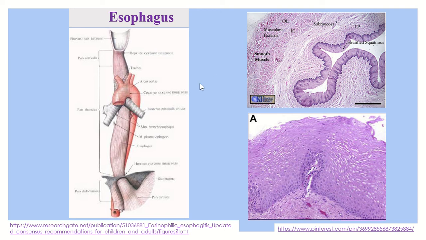The muscle tissue consists of skeletal muscle in the upper third of the esophagus. The middle third is mixed skeletal and smooth muscle, and the lower third consists only of smooth musculature.